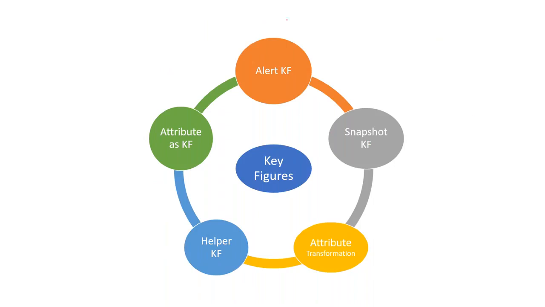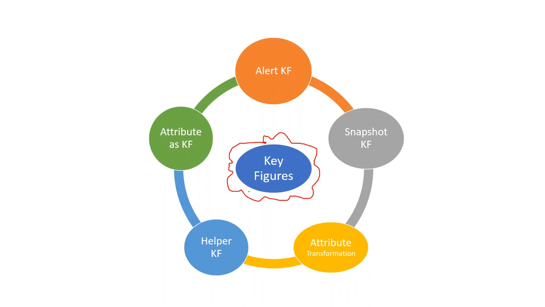We have seen normal key figures and how we write different calculations to them, the aggregations, whether it is edit allowed or not, how to store a planning note for a key figure. And today we're going to see something called fixing the key figure values.